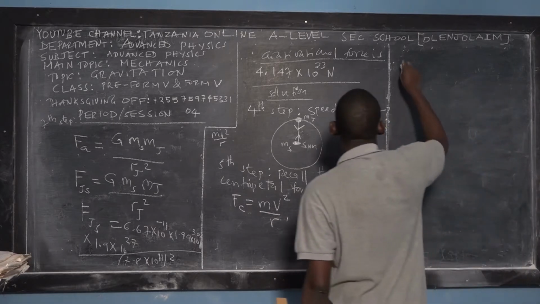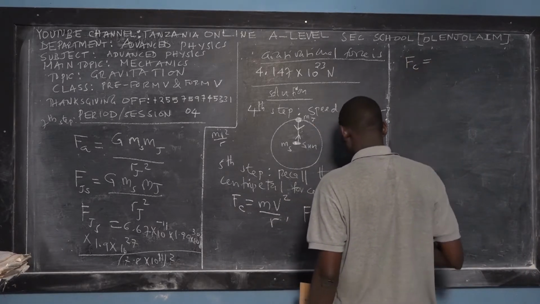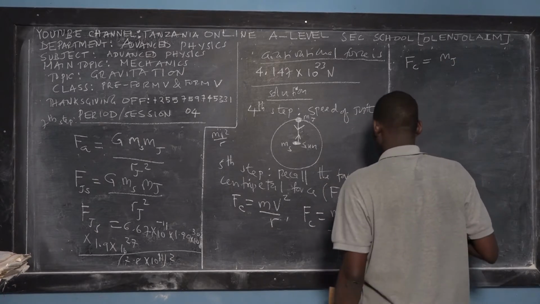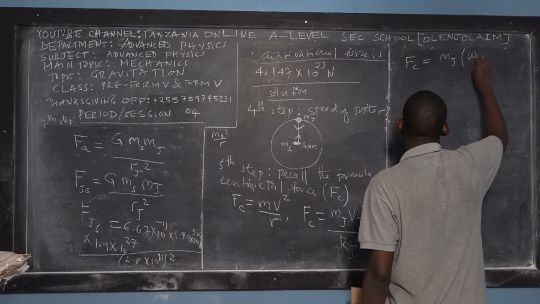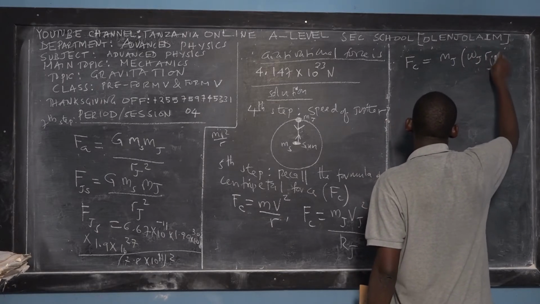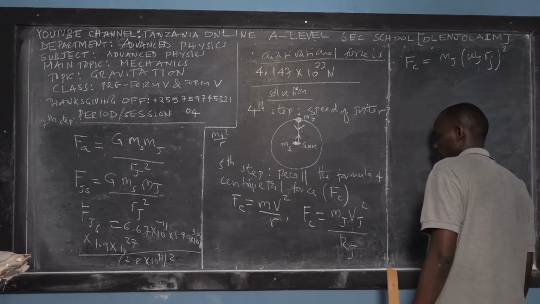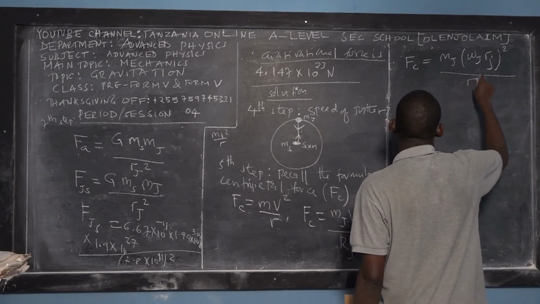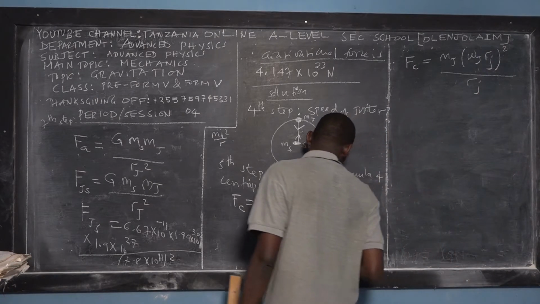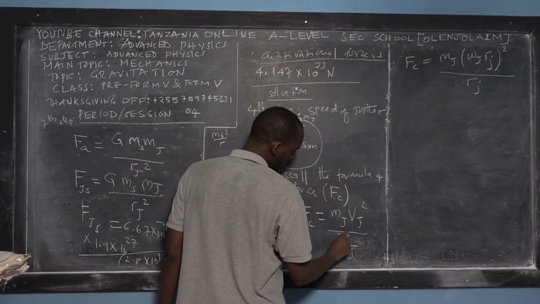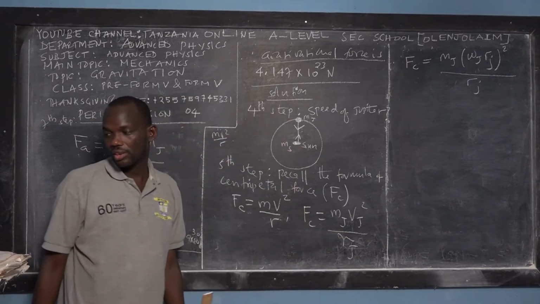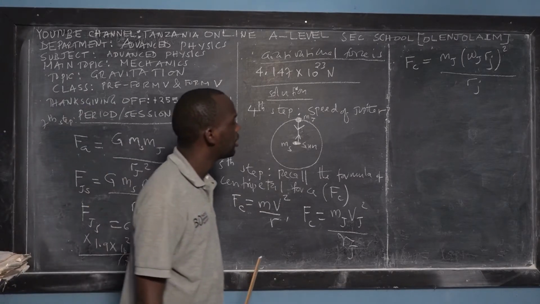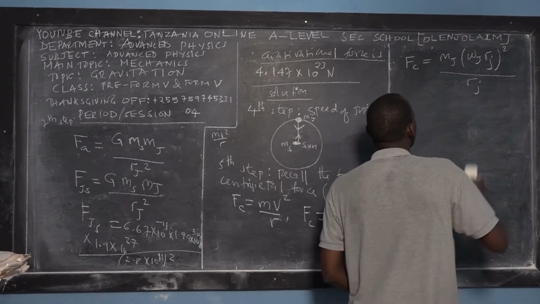So centripetal force is equal to what? Mass of Jupiter, the angular velocity of the Jupiter, radius of Jupiter, but this one is squared, over the radius of Jupiter. Right? Are we together? But we are looking for the speed.